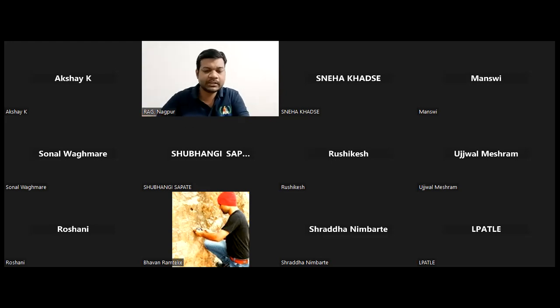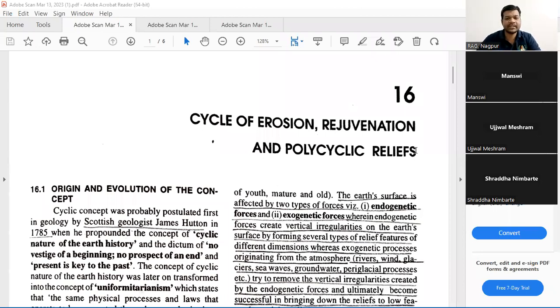Okay, now moving towards the next topic, and that is geomorphic cycles.